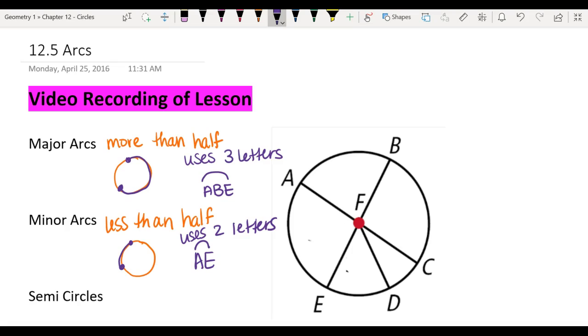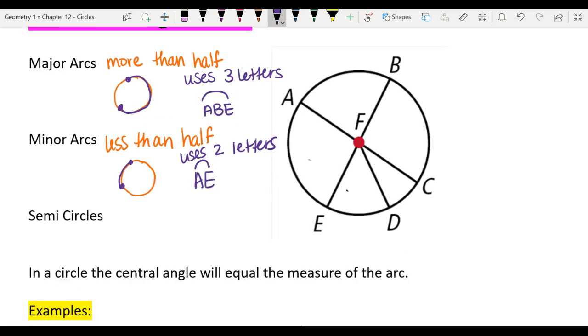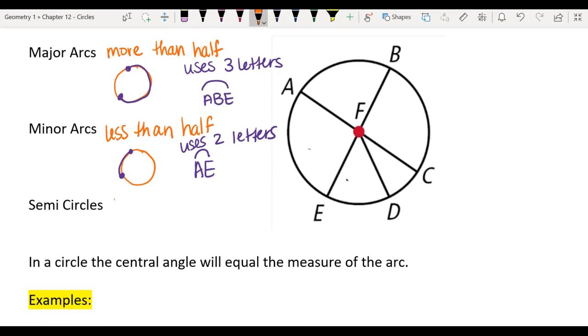Sound good? A semicircle. What is a semicircle? It's exactly half the circle, right? So if you have a semicircle, it's going to go from there to there. It's going to be exactly half. Okay? And a semicircle sometimes uses 2 letters, sometimes 3.